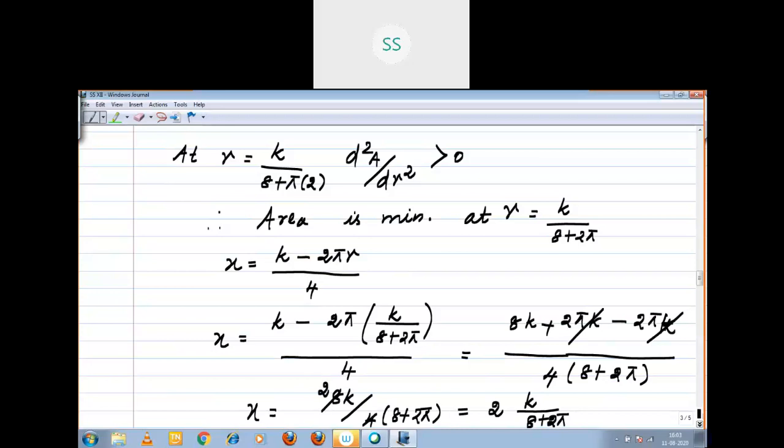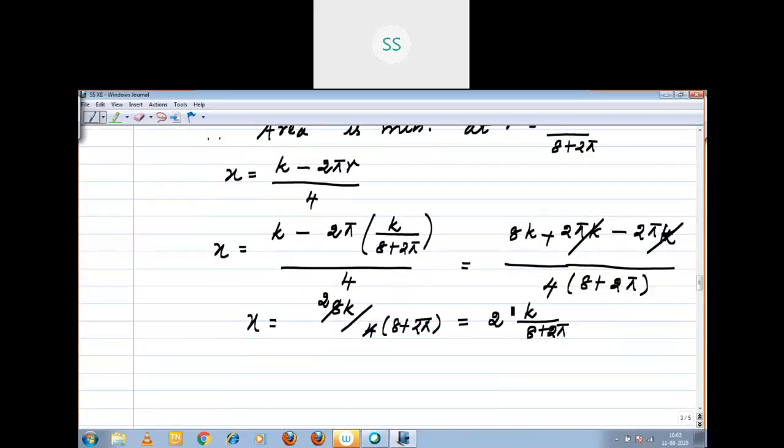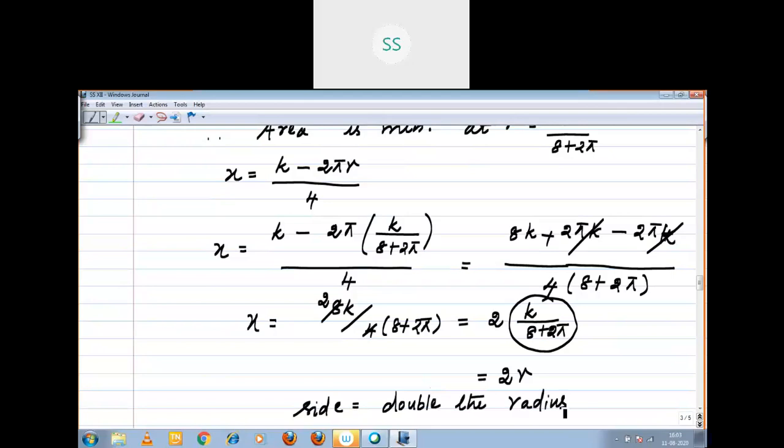See here, k by 8 plus 2 pi is replaced by what? r. So side equal to double the radius. They say sum is least.